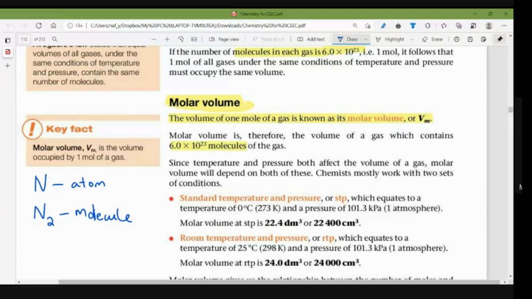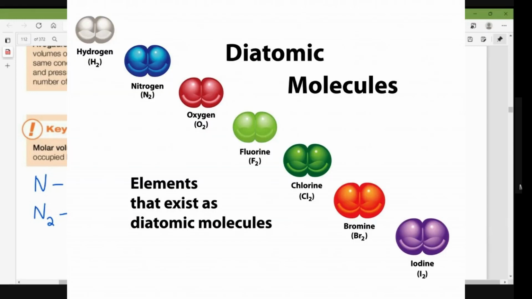When we are talking about the molecules of the gas, we're not just talking about individual atoms anymore. We have to reflect on how it is bonded, whether it's N2, O2, and we have a number of diatomic molecules. Remember to consider that they come in pairs.